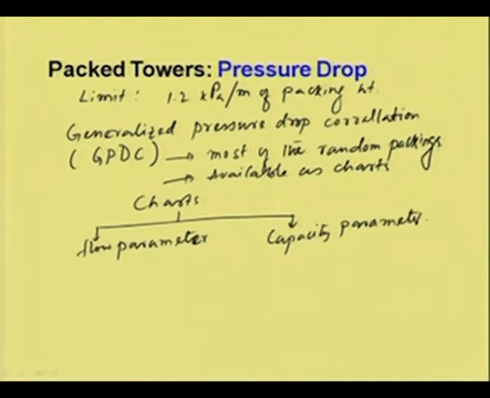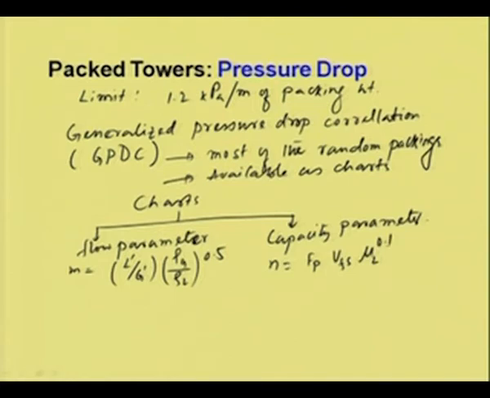The flow parameter is given by M and defined by L dash by G dash into rho G by rho L to the power 0.5, and the capacity factor, which is N, is equal to Fp Vfs mu L to the power 0.1.